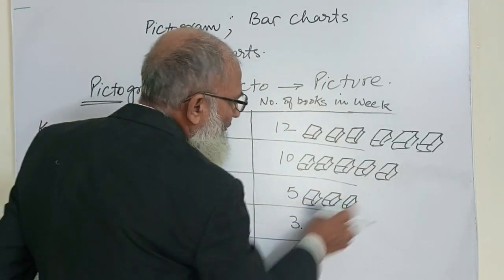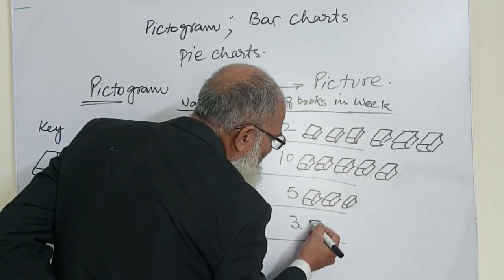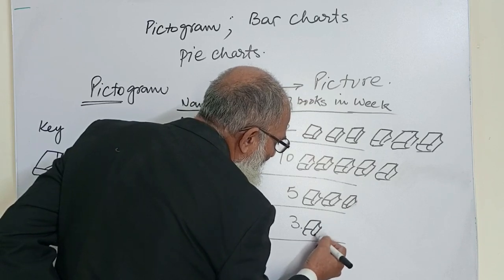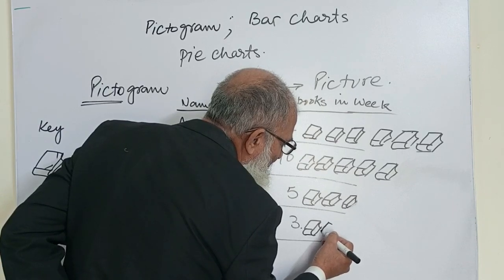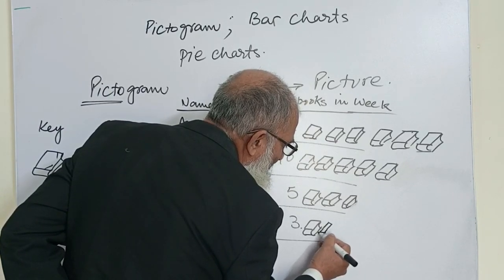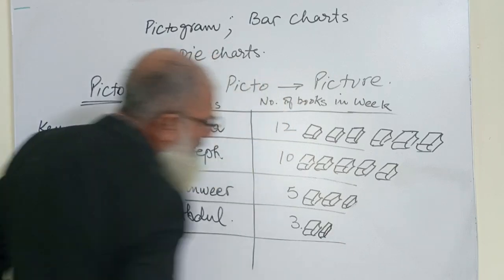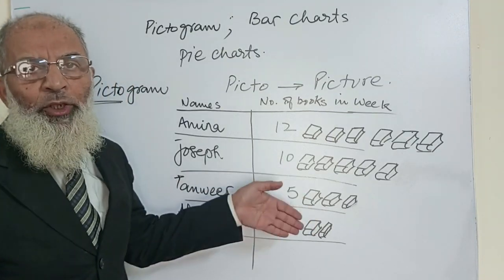So 2, 4 and 1, 5. Similarly, one book over here full and one half. So this is how we represent the pictogram.